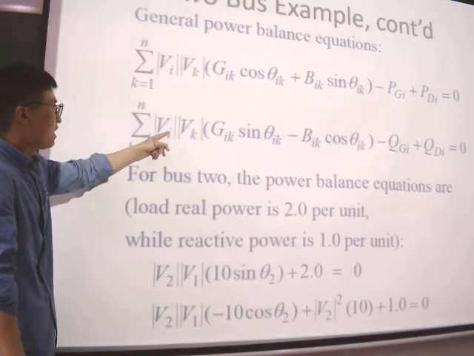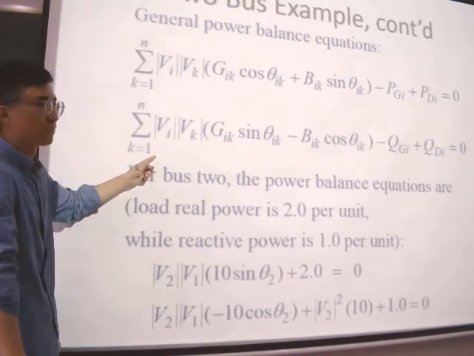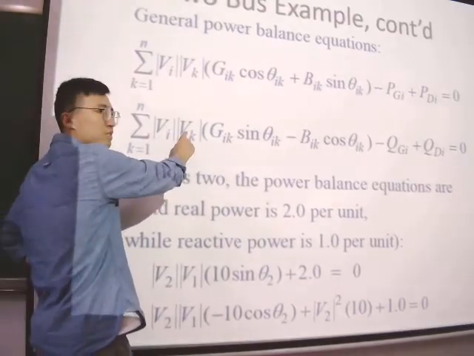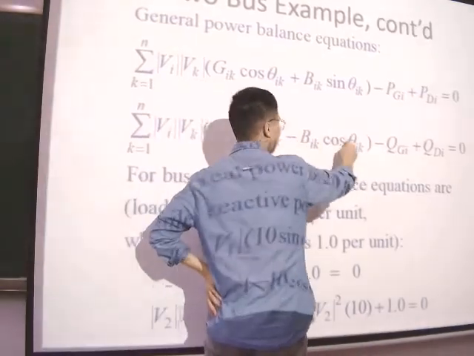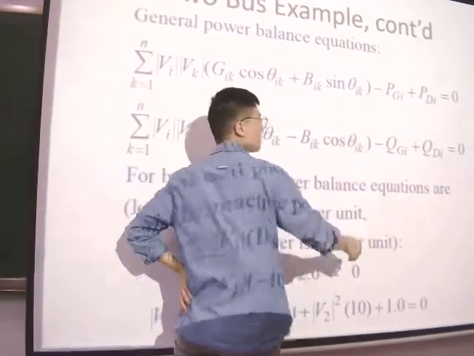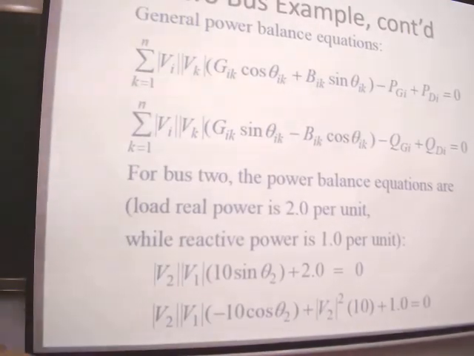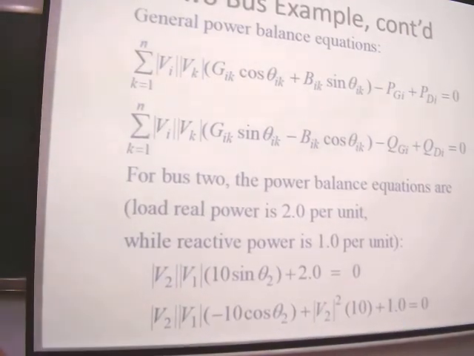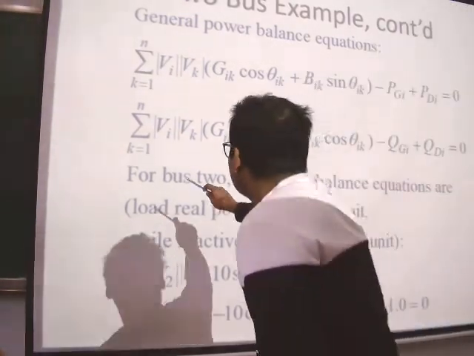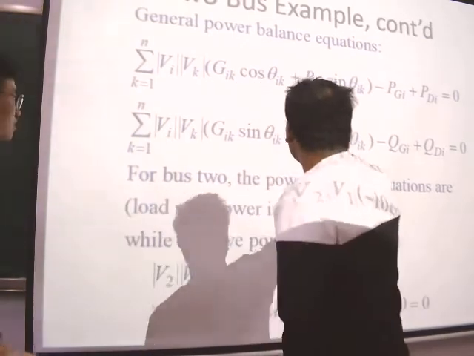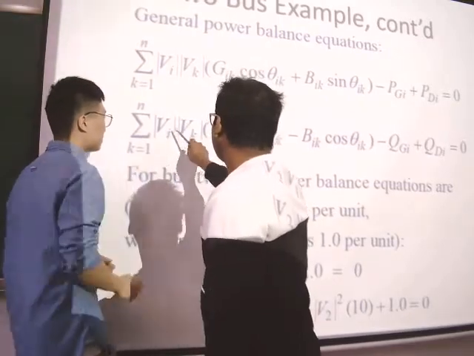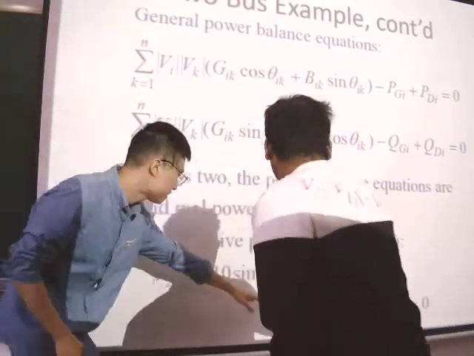So Vi is V2 and Vk is from the V1 and V2, right? So it's actually V1, V2, and V2, V2. No, here is the sum, right? Here is the sum. V1, V2, yeah. V1 and V2. V1, V2 is equal to this.